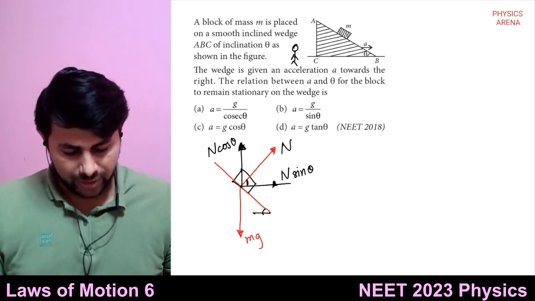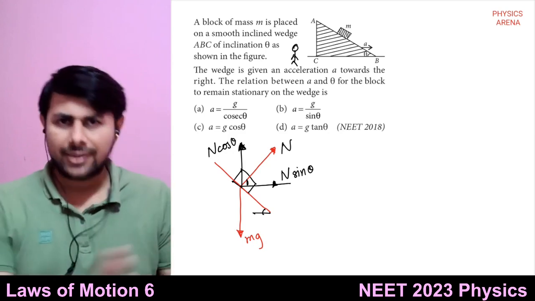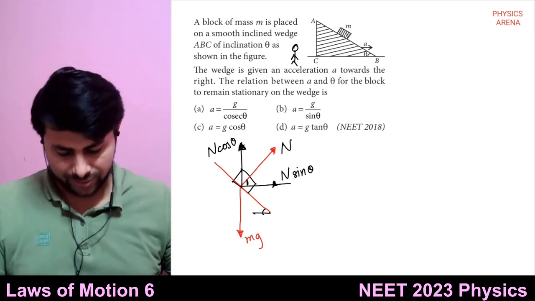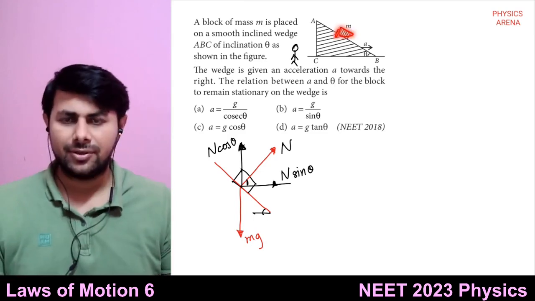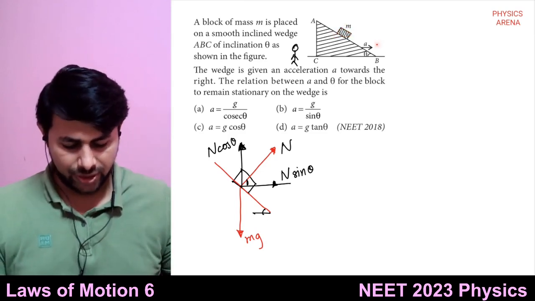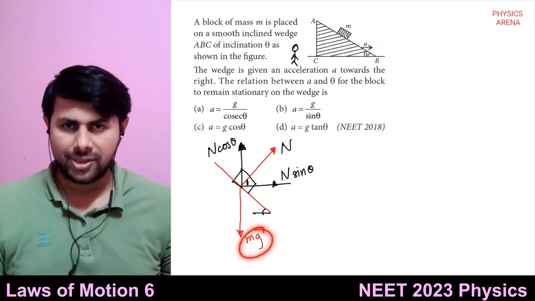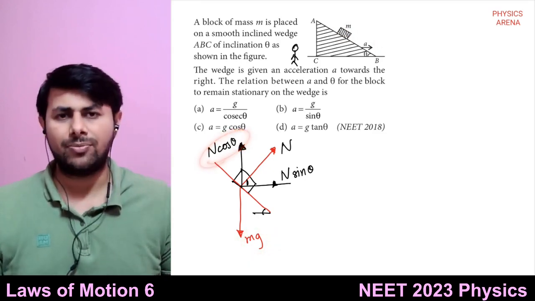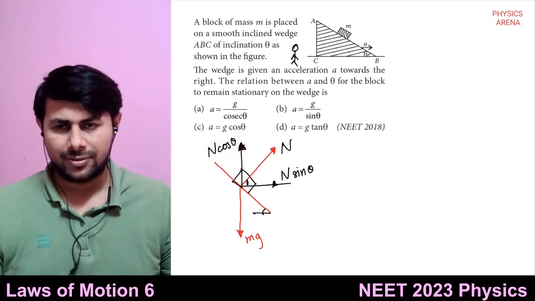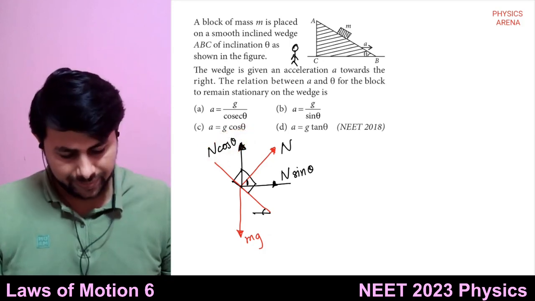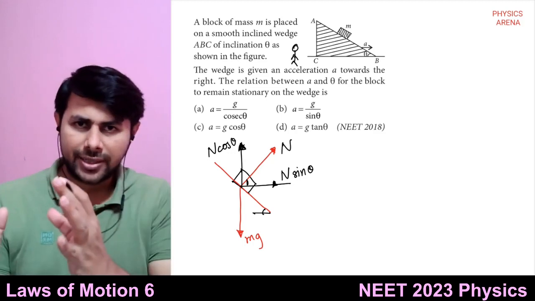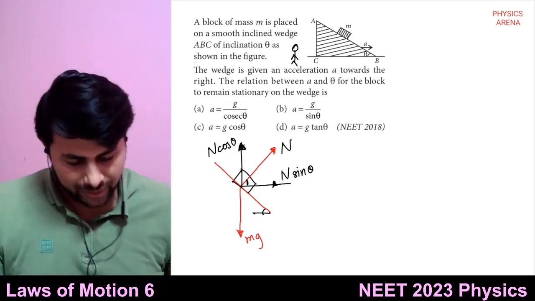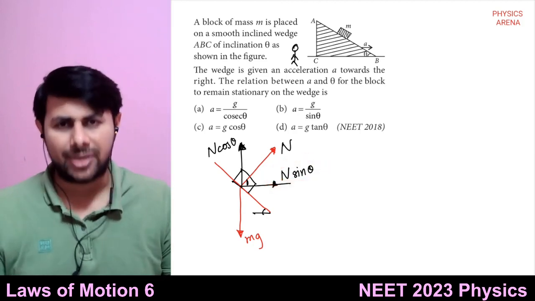Okay, so now this mass is also in acceleration because the wedge is in acceleration, so this block is also in acceleration, towards right. So here you can say that mg, the weight of this block, is balanced by the vertical component of normal reaction. And the block is in acceleration, so that acceleration is provided by the horizontal component of normal reaction.